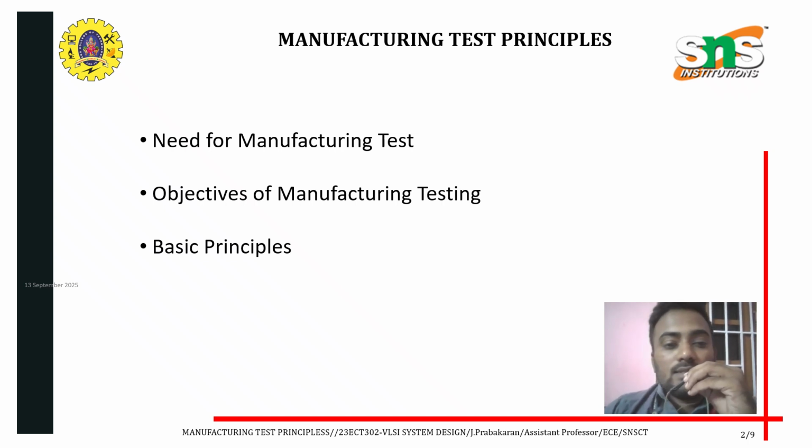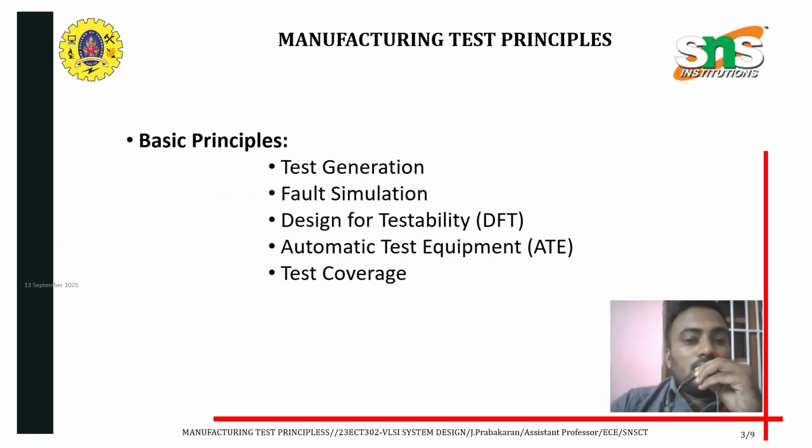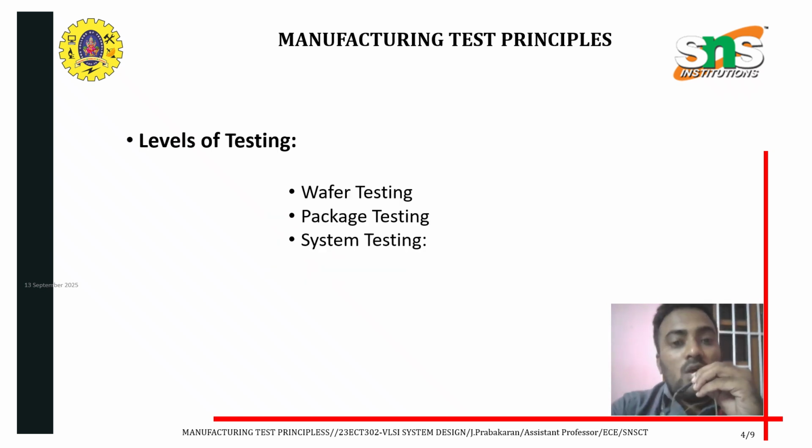The next one is levels of testing. Levels of testing are wafer testing, package testing, and system testing. What is meant by wafer testing? Before packaging, identifying faulty dies is called wafer testing.